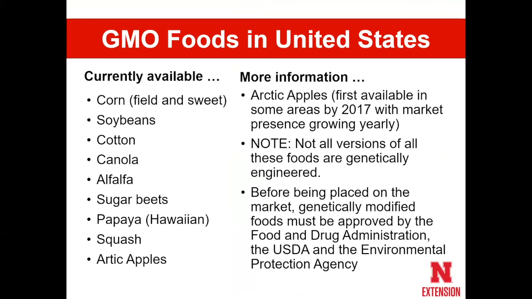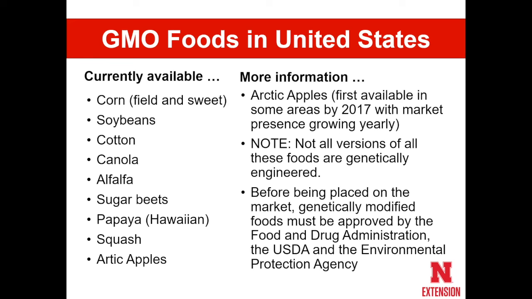Currently, the genetically modified foods that are for sale in the United States are listed on the slide: corn, soybean, cotton, canola, alfalfa, sugar beets, papaya, squash, and Arctic apples. The Arctic apples are not really available in California, but basically they're sliced apples that don't brown, but they're genetically modified.